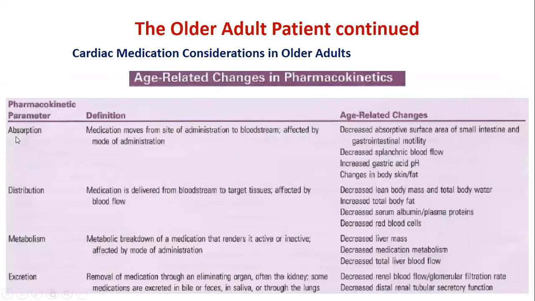This one is pharmacokinetics. Cardiac medication in older adults. What about the parameters, particularly absorption, distribution, metabolism, and excretion, and all of them are pharmacokinetics.